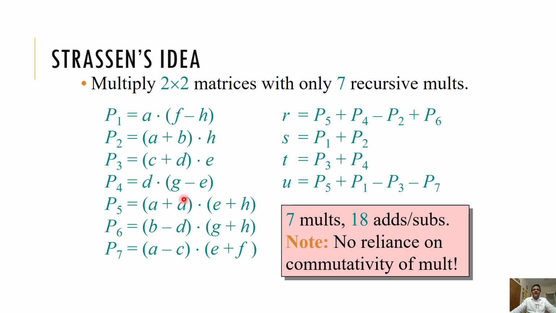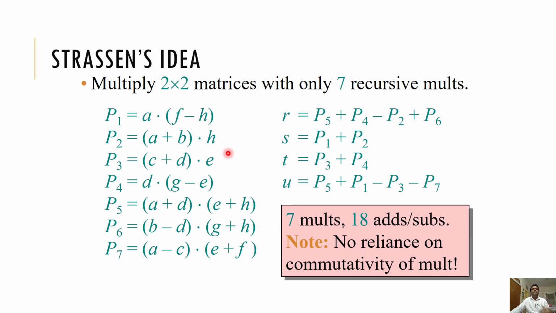We are doing some more additions, but that does not matter, because that will come under order of n square. Whether 4 additions or 18 additions does not matter. This will cost order of n square.